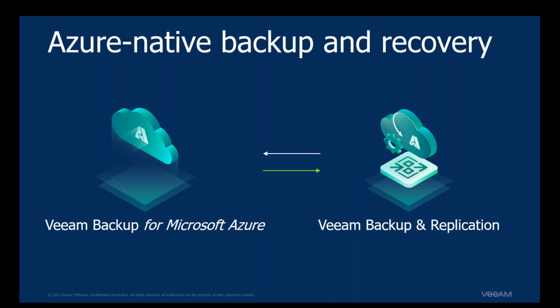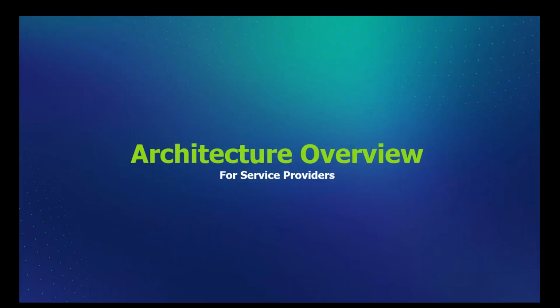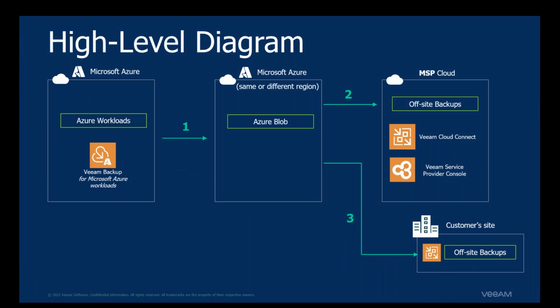It's easier to explain. Onto the next chapter, the architecture overview for service providers. So first of all, what do we want to achieve as a managed service provider? Specifically focusing on Azure, of course. I'll omit most other use cases.